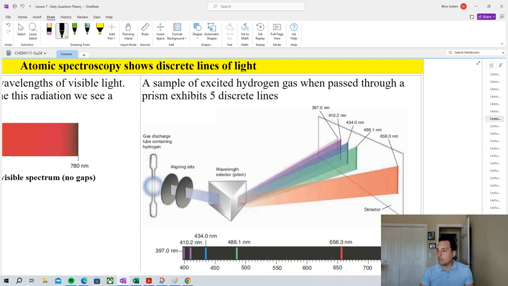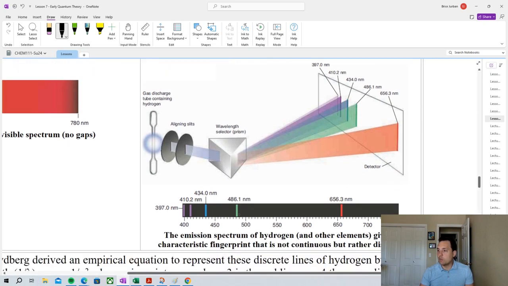We have one line of red, one line of green, blue, violet, or I guess indigo and violet. This last one here, 397, I've never noticed because my eyes aren't very good, but I'll notice these 4 lines. And this emission spectrum of hydrogen is really interesting.